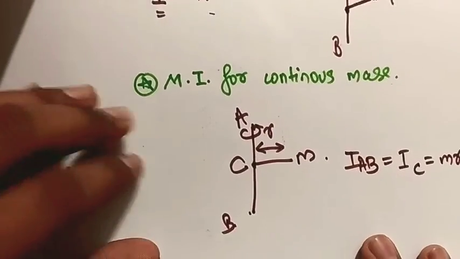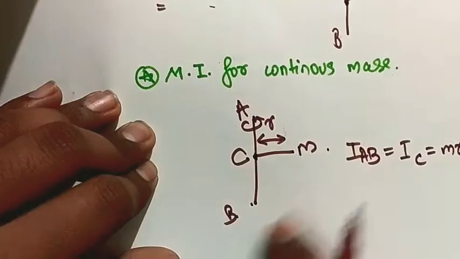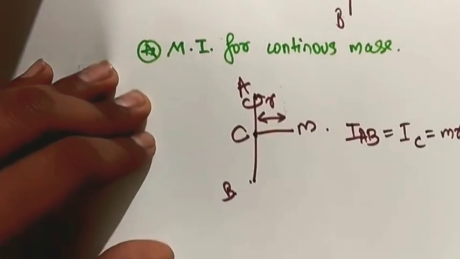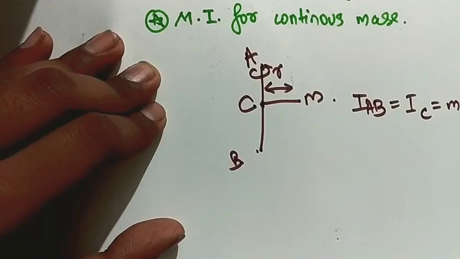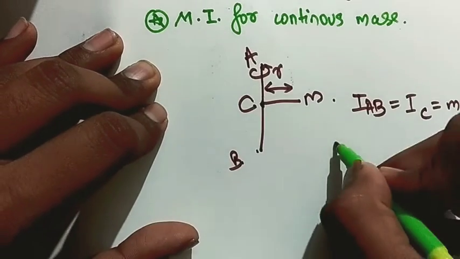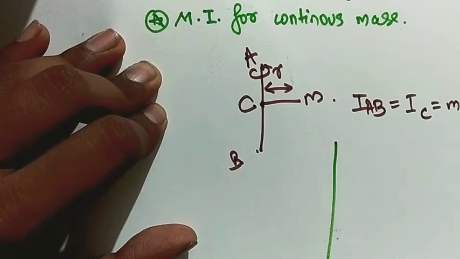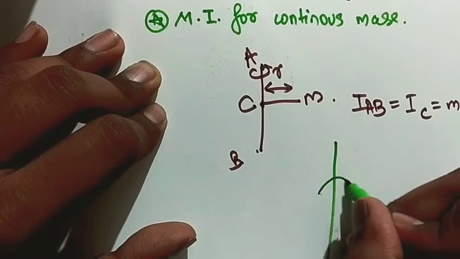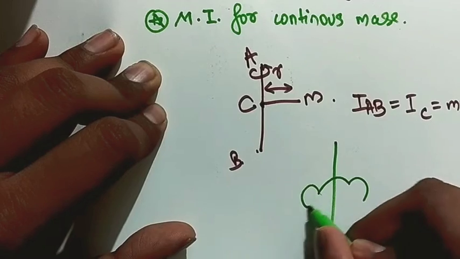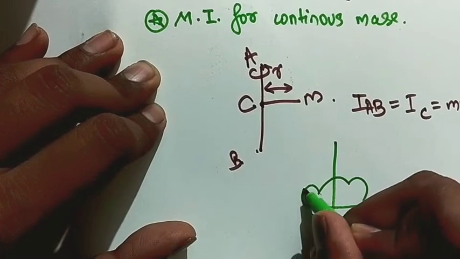This is a simple form of moment of inertia. Now we are going to see this for a continuous mass distribution. So this is again the axis of rotation. Now the particle, the mass is going to change. This is some example of any continuous mass.